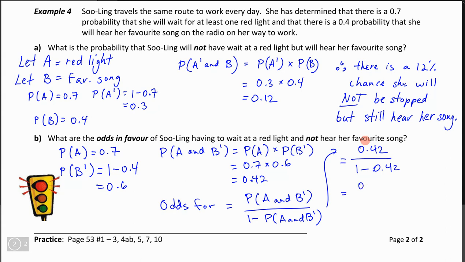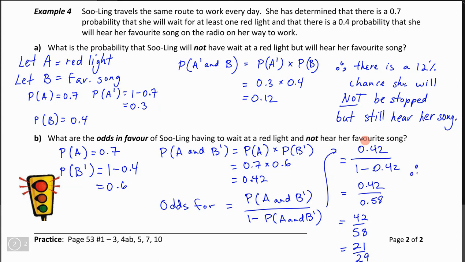And that's equal to 0.42 divided by 0.58. Or I could say 42 out of 58. Or if I write that in lowest terms, 21 out of 29. So I'm dividing the top and the bottom by 2. And then I can write my ratio. So the ratio is 21 to 29.